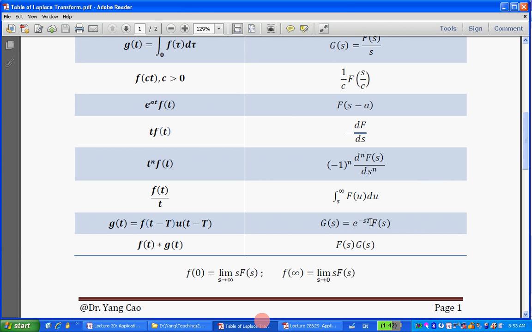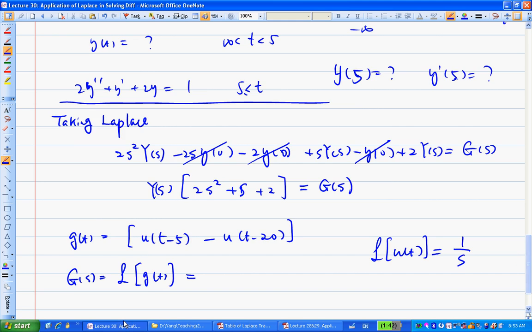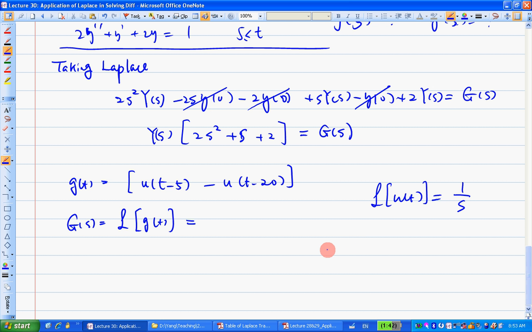Look at this property here. Let me write it down here. So Laplace transform of f of t minus capital T, u of t minus capital T equals e to the negative s capital T, capital F of s.